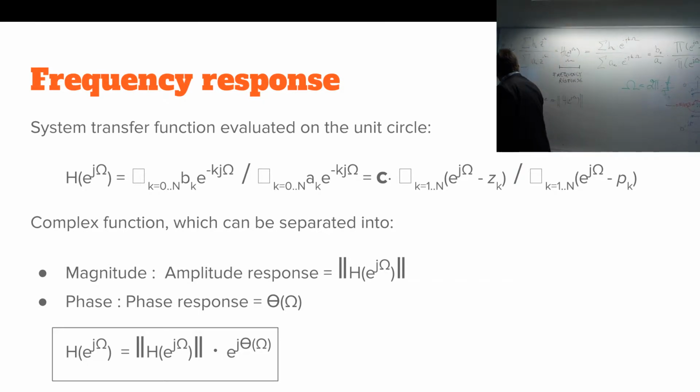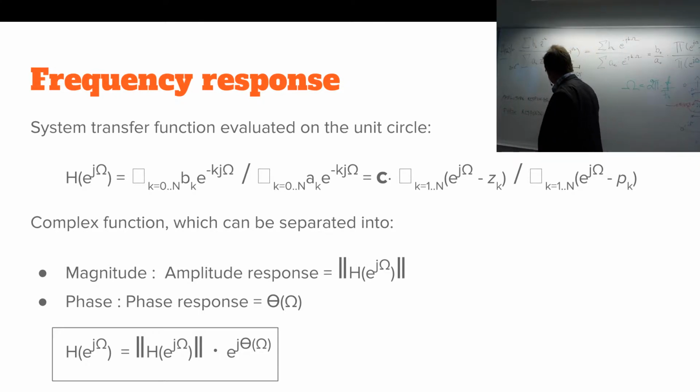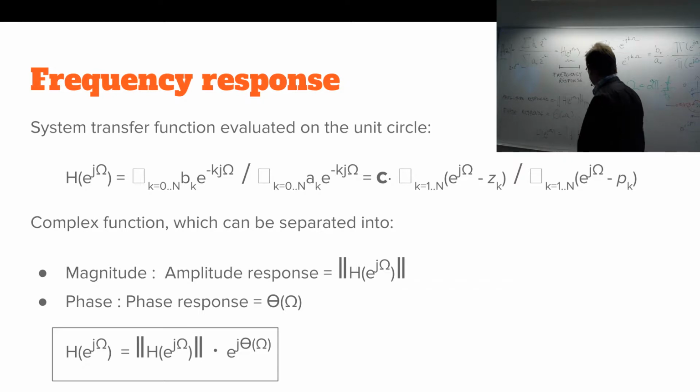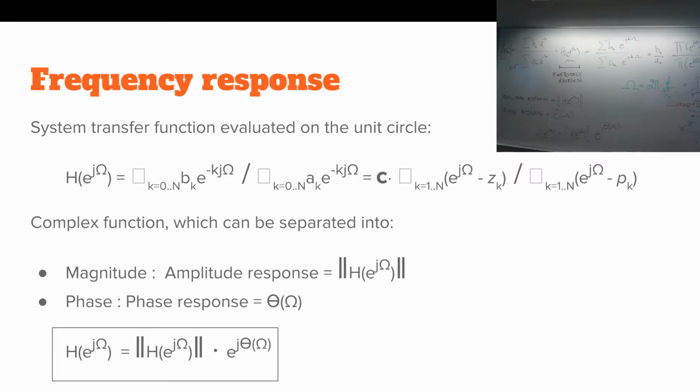So the phase response is the complex angle of that, such that your H(e^jω) is simply the magnitude times e to the j theta of omega.